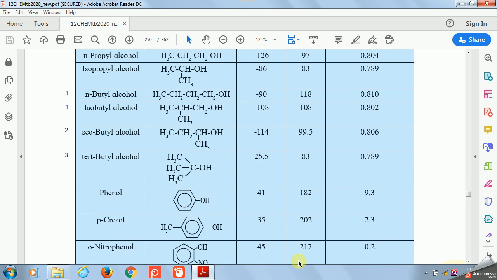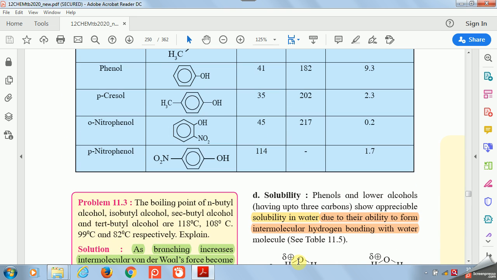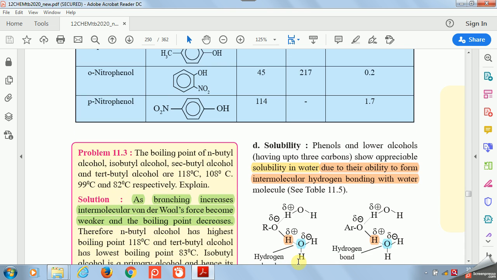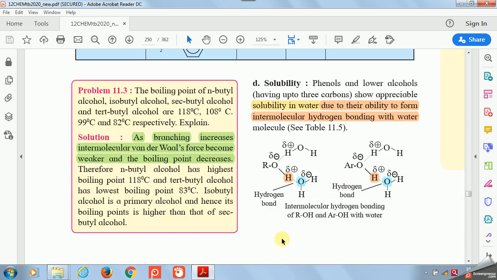Next, if you observe the solubility, phenols and lower alcohols having up to 3 carbons, means up to propyl alcohol, show appreciable solubility in water. Again, the reason behind this is they can form intermolecular hydrogen bonding.